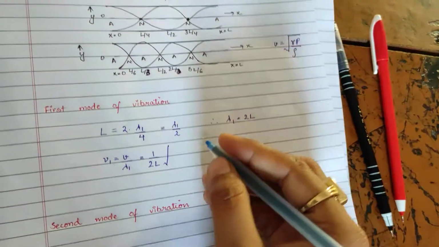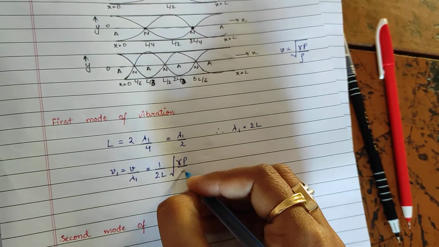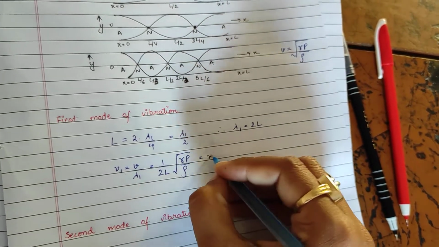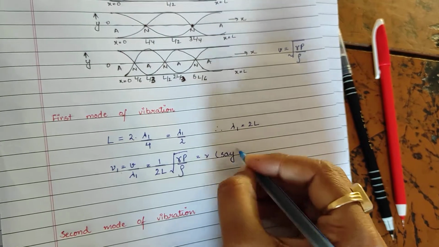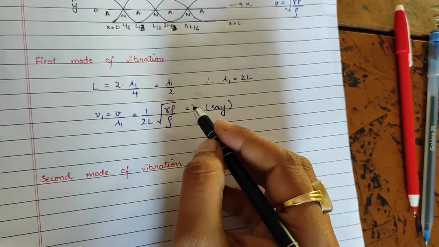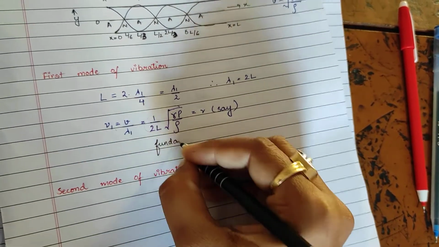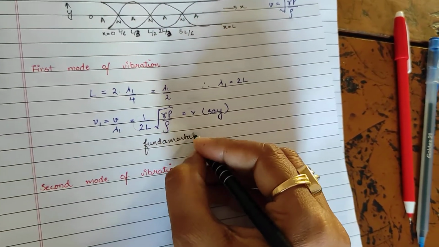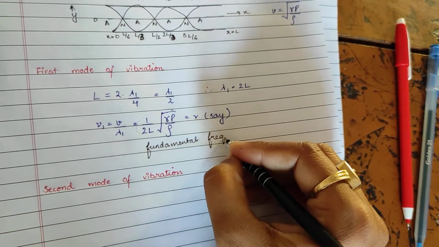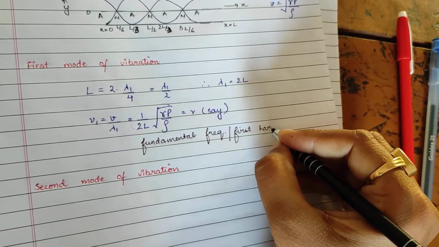So this gives 1 by 2L times the square root of gamma P by rho, and let us say this is equal to nu. This frequency is known as the fundamental frequency or first harmonic.